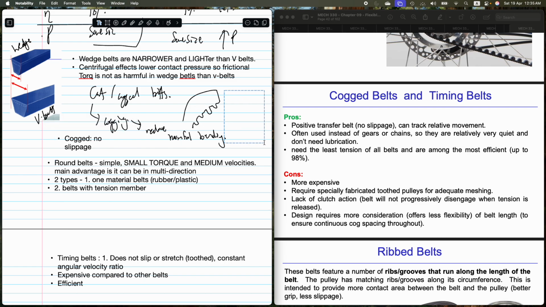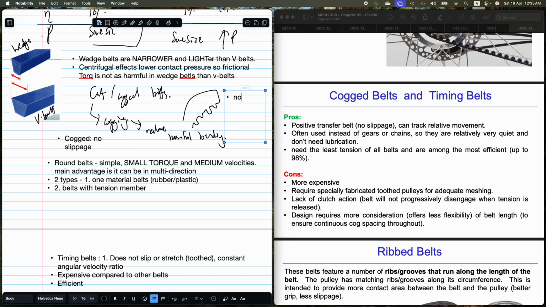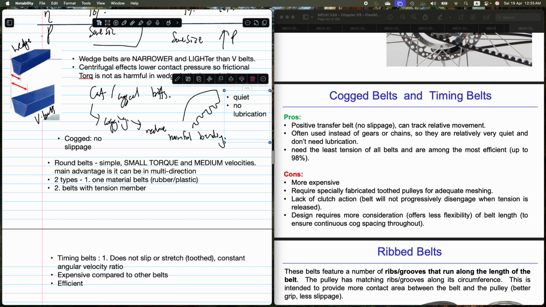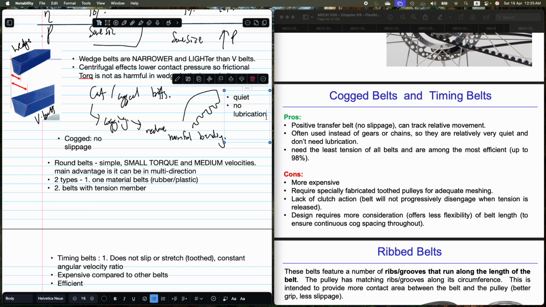So let's just write over here: quiet, no lubrication needed. Anything else? They need the least tension of all belts.